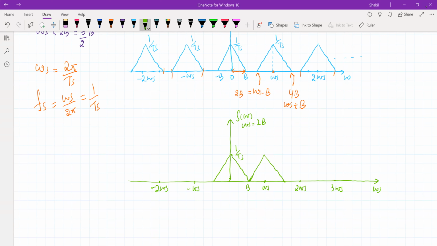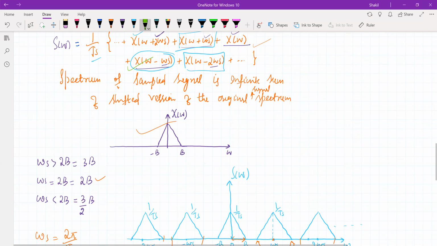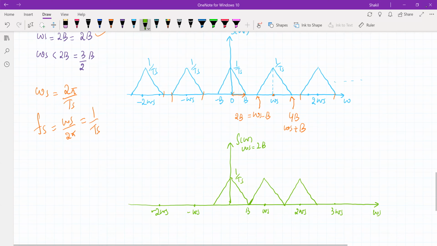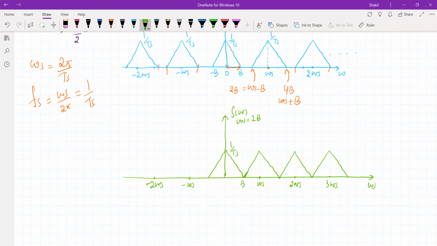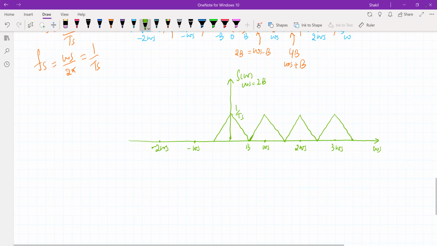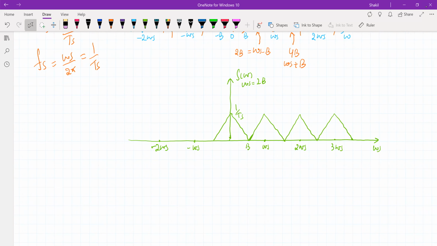Now here these two touch each other, meaning the shifted versions will touch each other. So this is x of omega minus twice omega. This is the second part. Same way you can draw the third part. So you can say this is x of omega minus 3 omega, and the maximum amplitude of each is equal. All right. So how much is this? This omega s is 2B, this will be 3B, and so on. Same way I can repeat the same thing on the negative side.